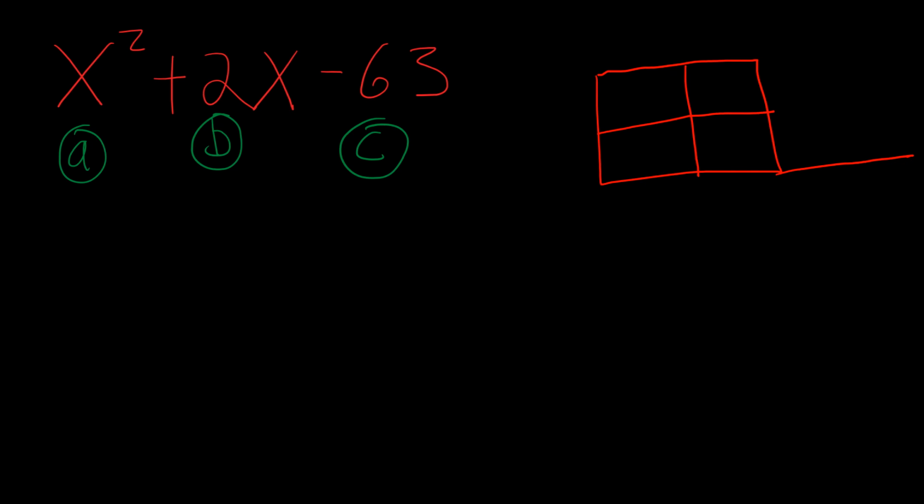I have negative 63 here as our c term, our a term is x squared, and our b term is going to be 2x. The a term's always easy, x and x gives us x squared. Now, negative 63. How can we get that but end up with 2x?